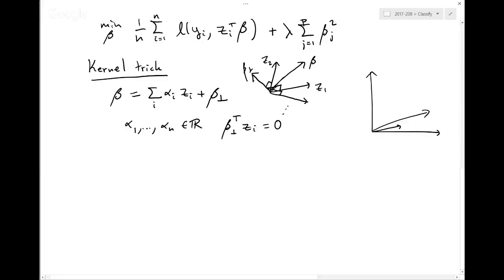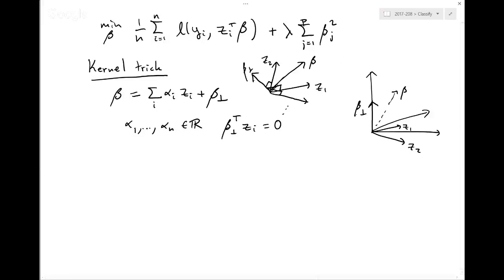So we have z1, maybe we have z2, and we're thinking of all of these z's perhaps on the xy plane. And then I'm entertaining the possibility that there's some beta orthogonal, which is orthogonal to all of these z's. And then beta will be some linear combination of these.